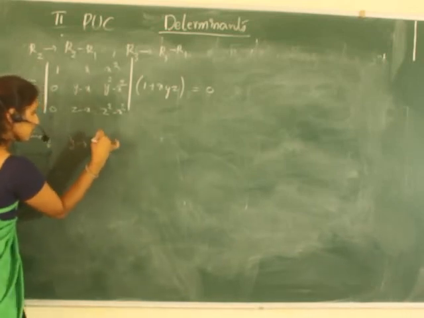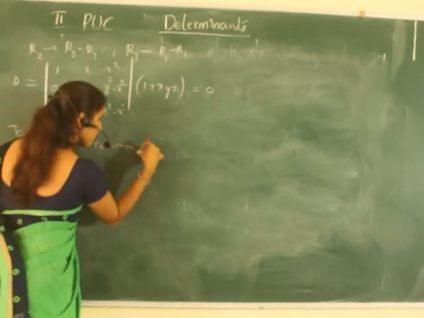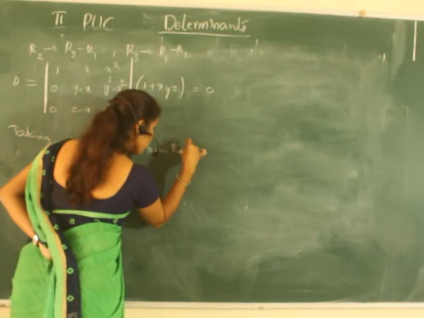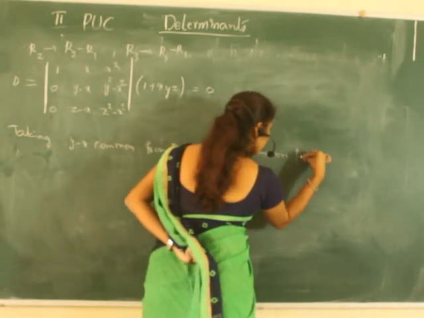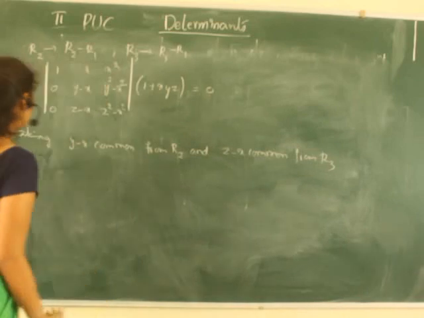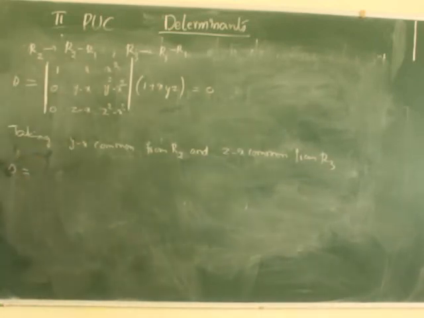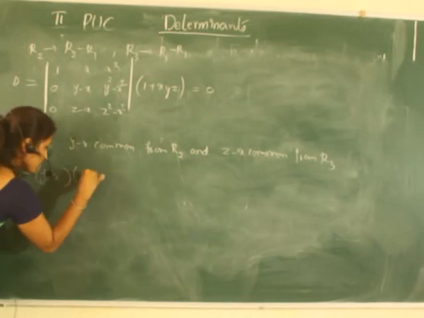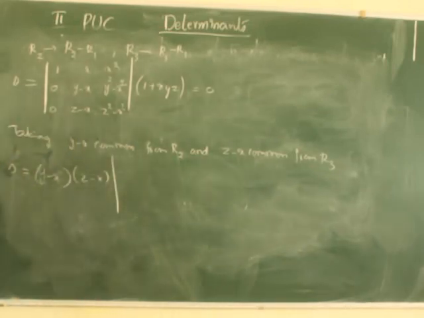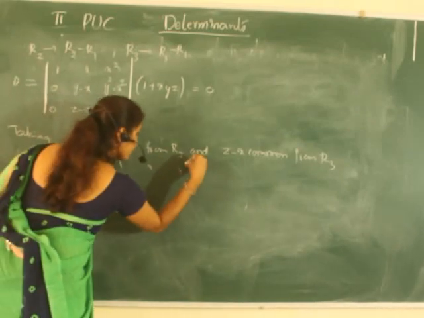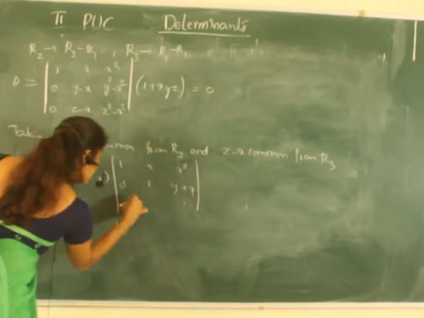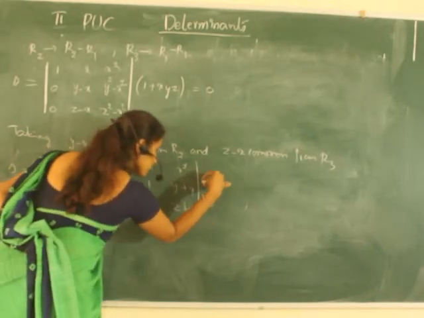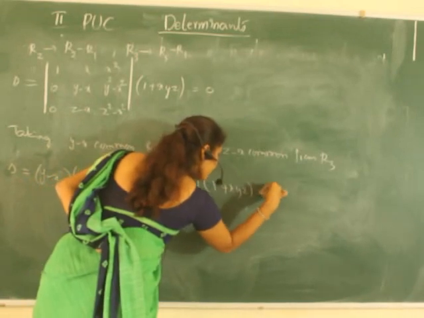So delta becomes y minus x, z minus x times the determinant with remaining 1, x, x square; 0, 1, y plus x; 0, 1, z plus x, into 1 plus xyz equal to 0.